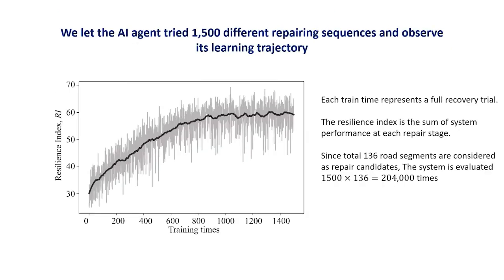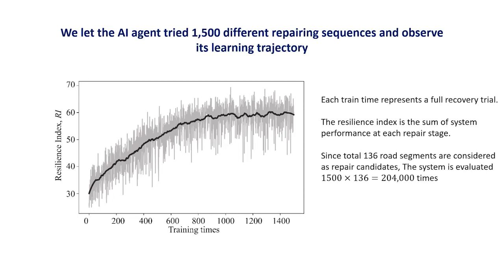We let our graph convolutional neural network, or what we call the artificial intelligence agent, try 1,500 different repair sequences, and we can observe its learning trajectory. Here the x-axis is the training time of our AI agent, and each training step represents a full recovery trial.